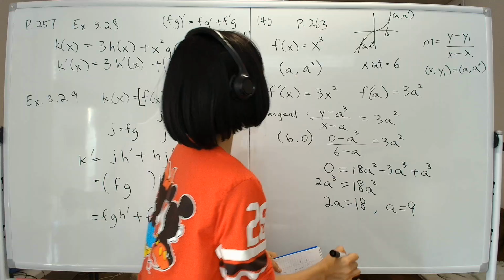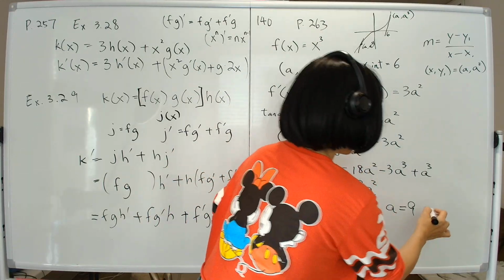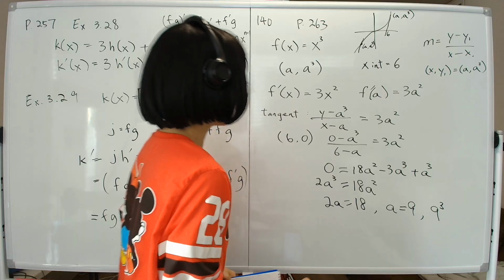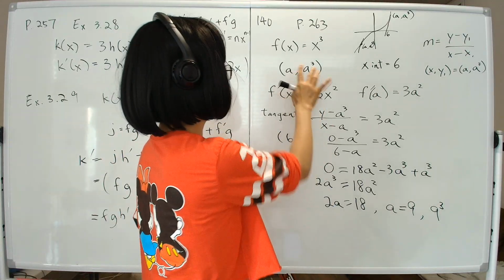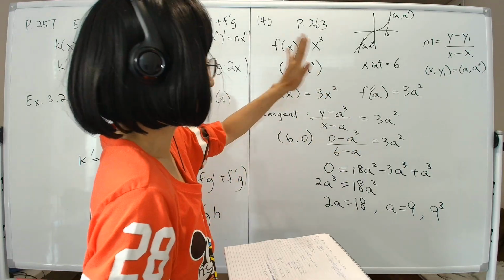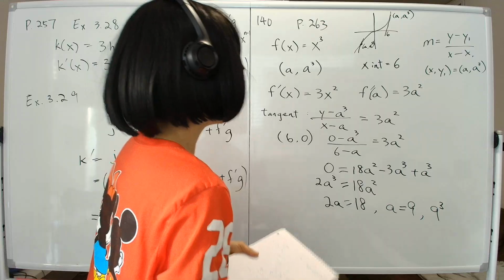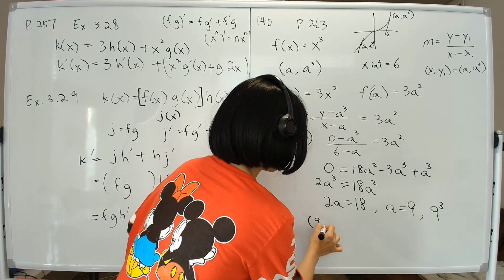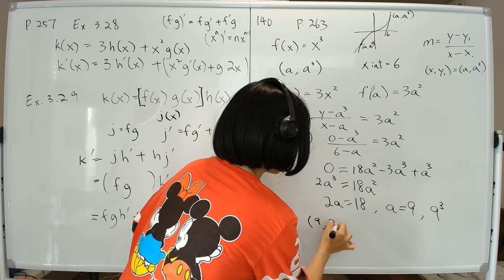And then a to the power 3 is 9 to the power 3. So the answer we're looking for, at which point this tangent will intercept at 6, is the point 9 comma 9 to the power 3.